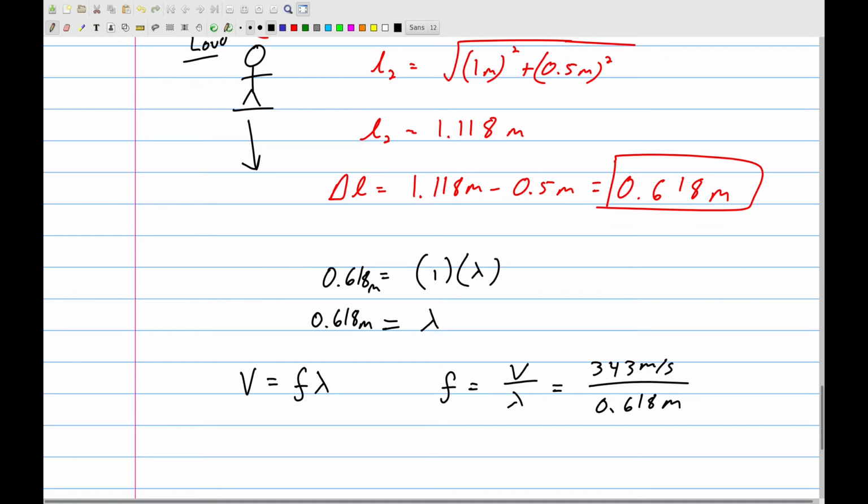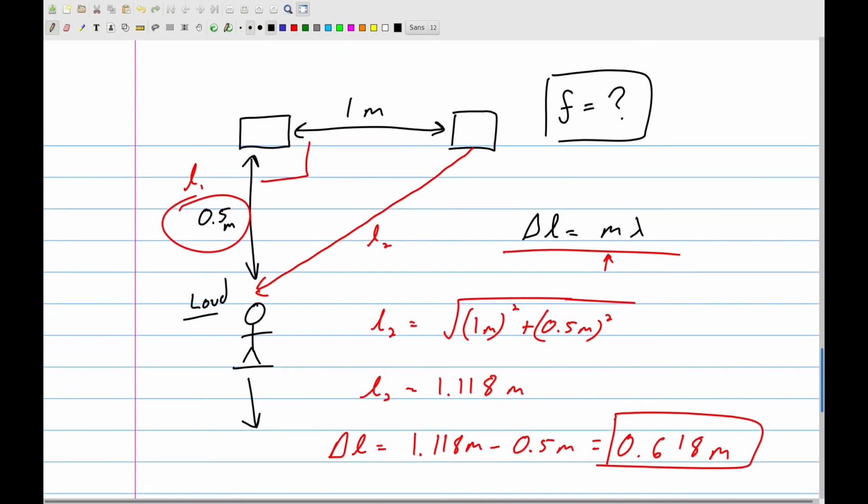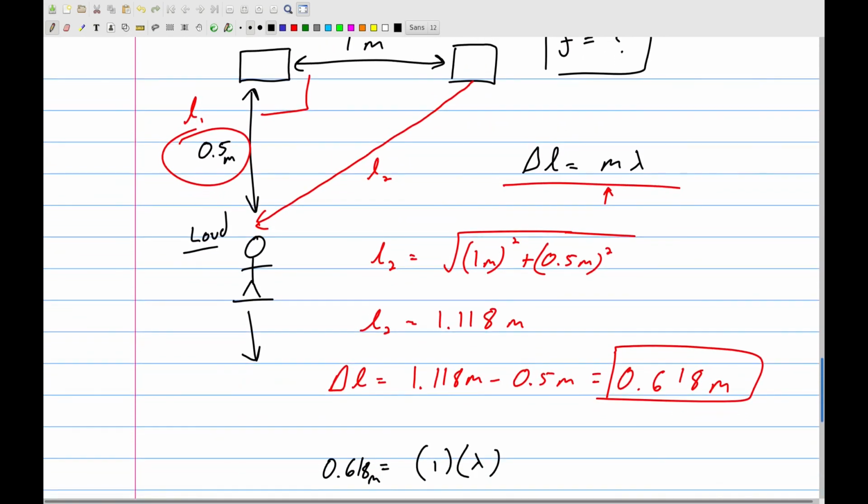And when I do this, 343 divided by 0.618, and I used the exact answer when I did this, I get 554.986, call it, hertz. So it's going to be a little bit higher pitch than what we were working with there, but it turns out that pitch will give us a loud spot if we are half a meter in front of it and the two speakers are separated by a meter.